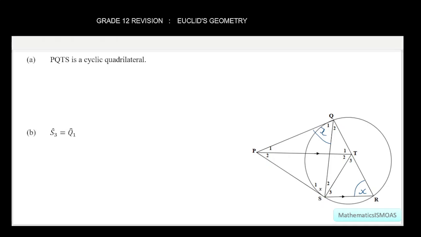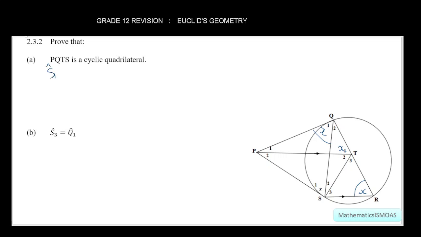So now we can say T1 is X. Prove that PQTS is a cyclic quadrilateral.